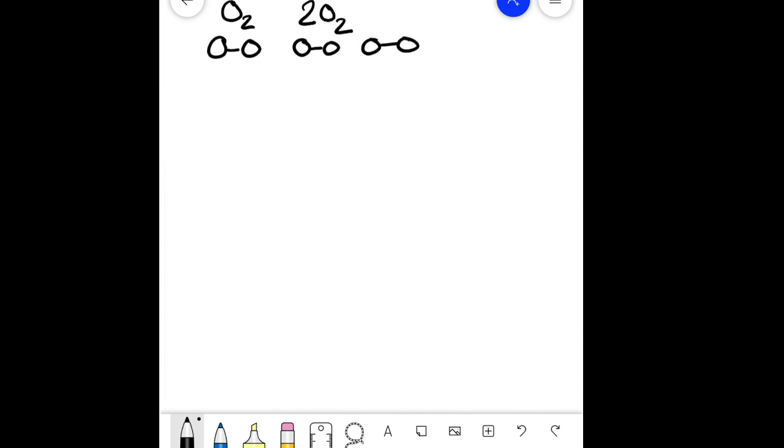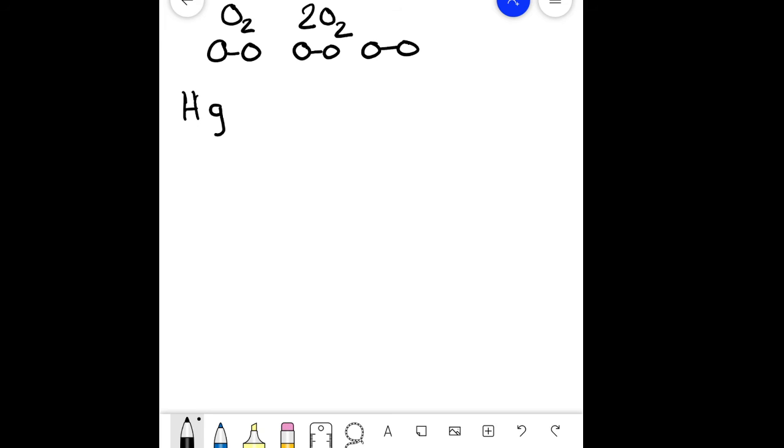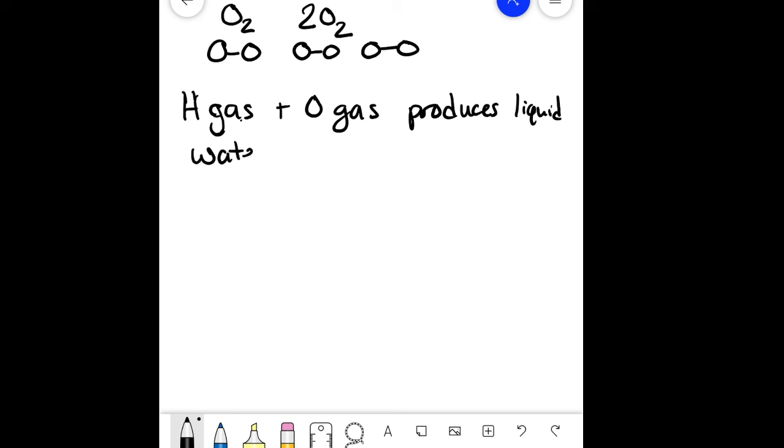So let's just start with a synthesis equation. Say you had hydrogen gas plus oxygen gas produces liquid water. So this is a good time to bring up the diatomic elements.